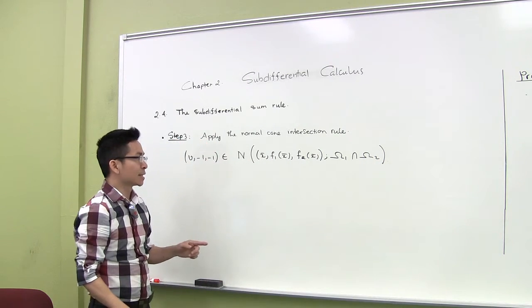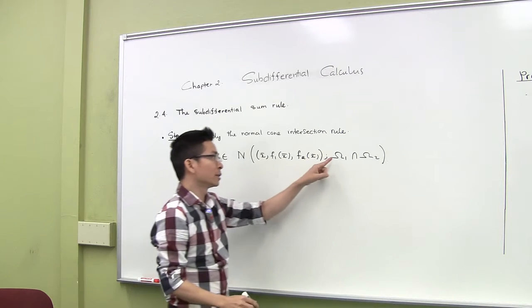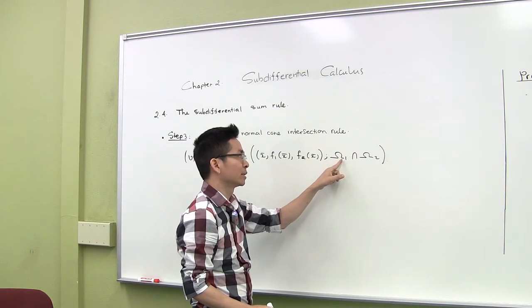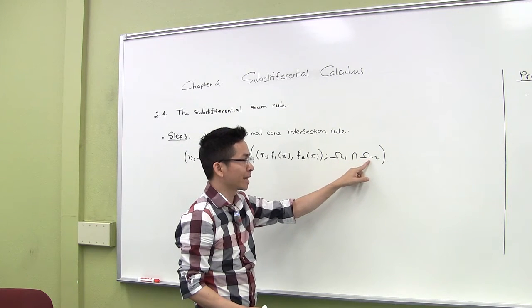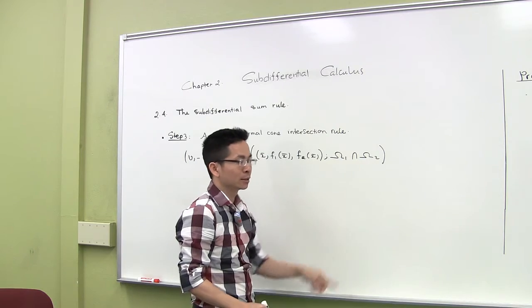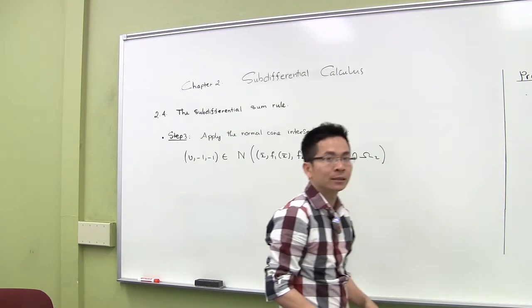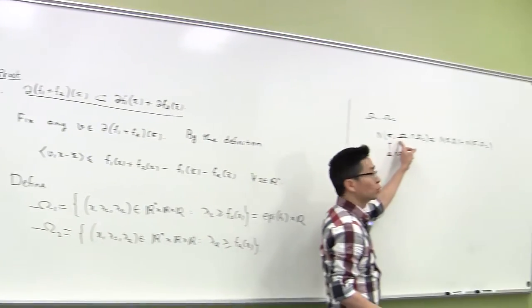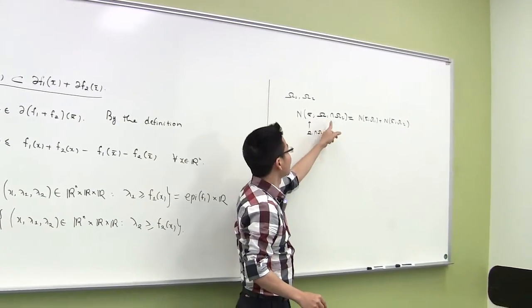And in the second step, we know that the intersection of the relative interior of omega 1 and the relative interior of omega 2 is non-empty. So we can apply the normal cone intersection rule that is written here.